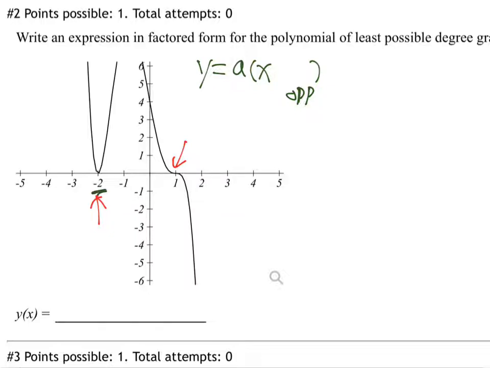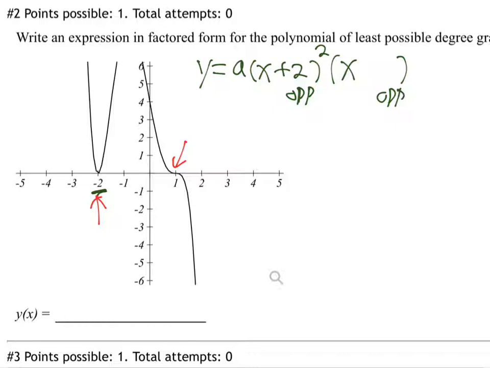So this x value, opposite, what am I going to put in the parentheses? Plus 2, right? And now you tell me what power: is that one a pass-through, a bounce, or a shift? It's bouncing. It's a U shape. So what power? 2. Squared, or 2, either way. Same thing. Perfect. Good.